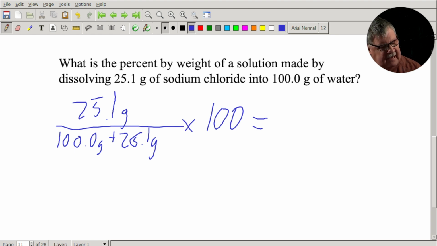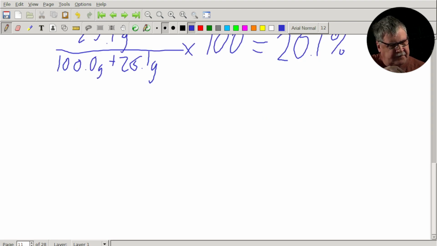And if we do that, what do we get? Yes. So the correct number, with sig figs, 20.1 would be the correct answer. Very good.